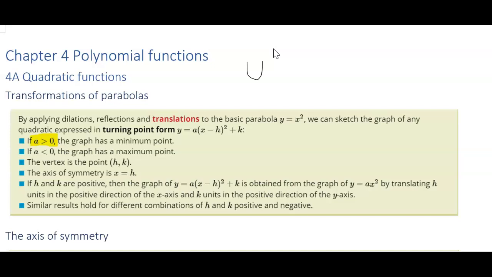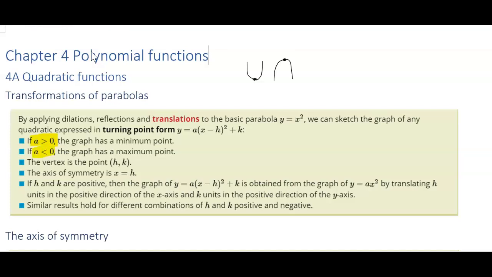Your minimum point is here. Now, if A is less than 0, the graph has a maximum point. That means it's an upside down parabola, and there is your maximum turning point.